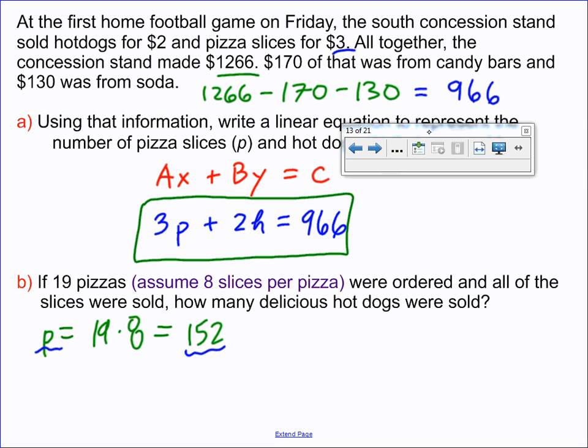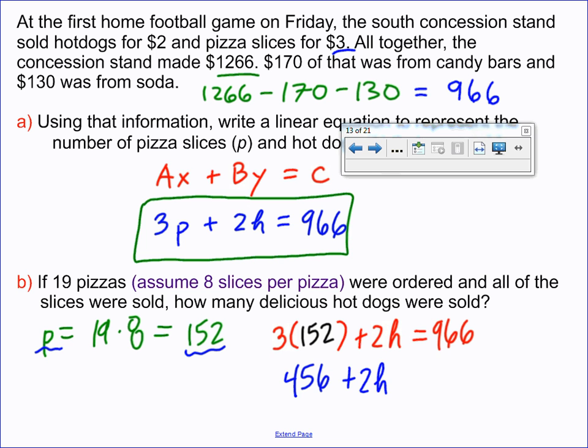Let's go ahead and do that together. So I'll rewrite my relationship. 3 times P plus 2H equals 966. However, we'll substitute in our value of P as 152 slices, and that will allow us to solve for H. So 3 times 152. Is that 456? 456. So 456 plus 2H equals 966.